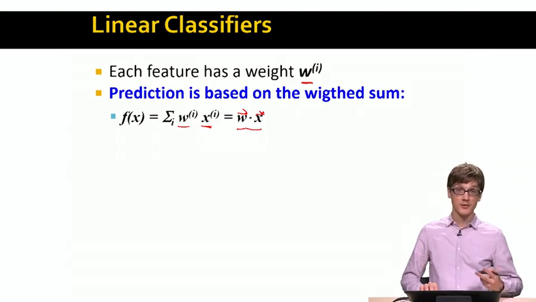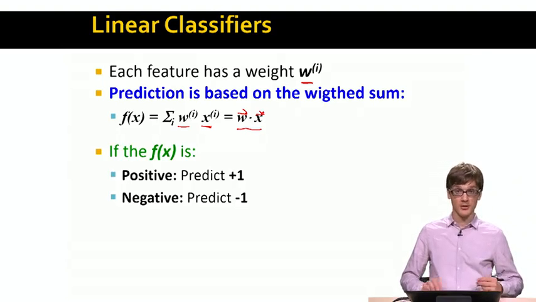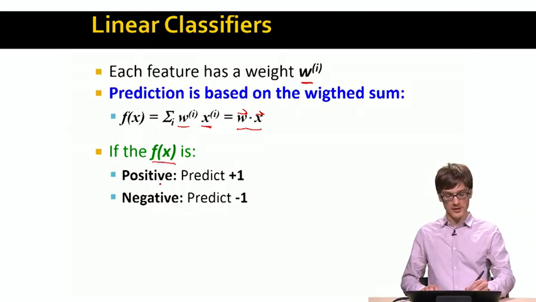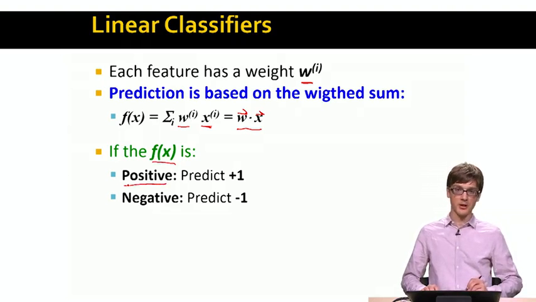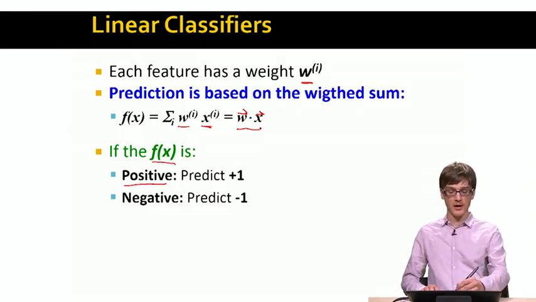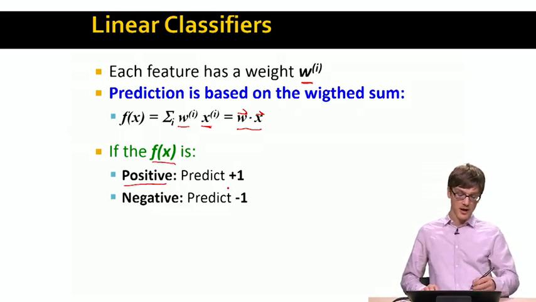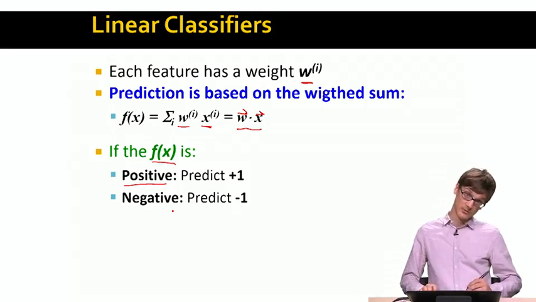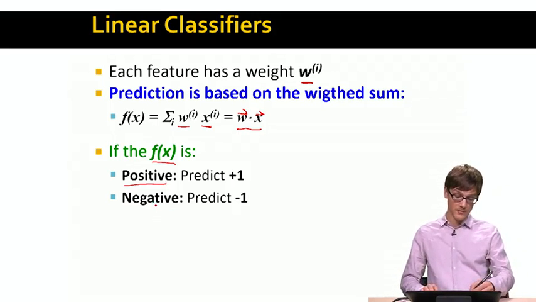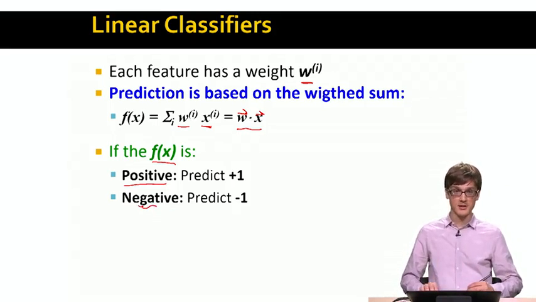Once we have done this weighted summation of features and their weights, we simply say that f of x gives a positive prediction if W times X is positive, and it gives a different class if W times X is negative.